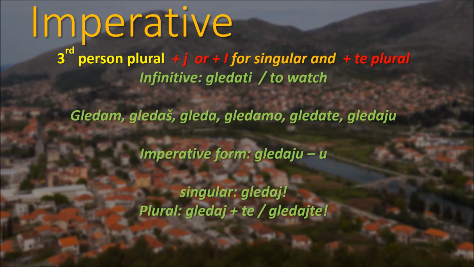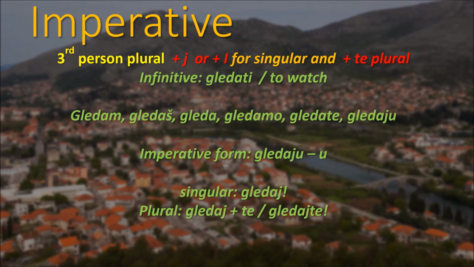So if we have an infinitive of a verb, that is the most common ending of a verb, this is the most common verb in Bosnian language, it's gledati. Gledati, that means in English to watch. And here below I have a conjugated version of this infinitive.